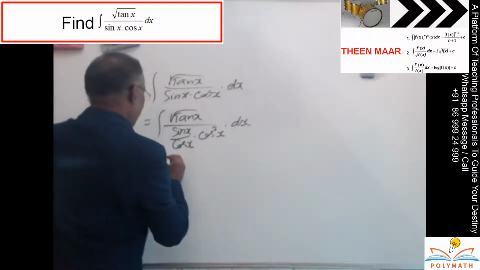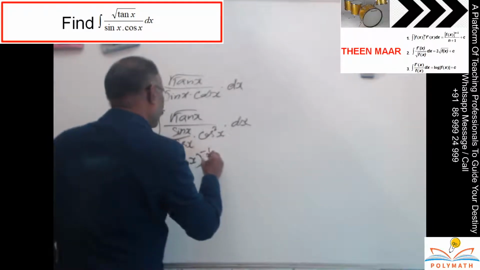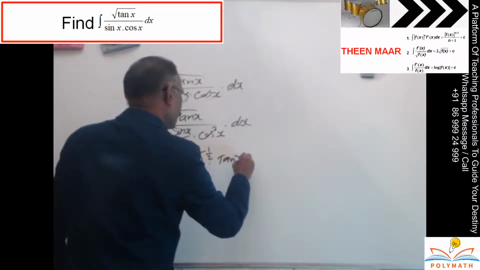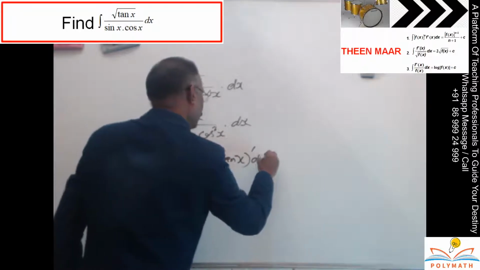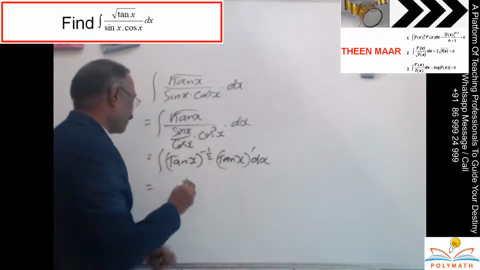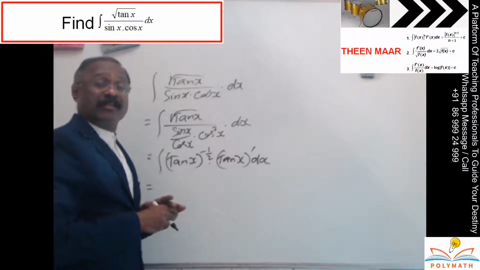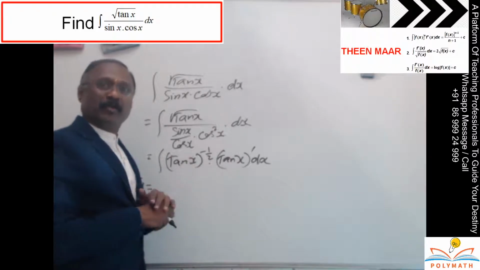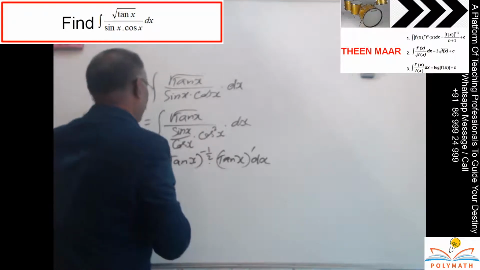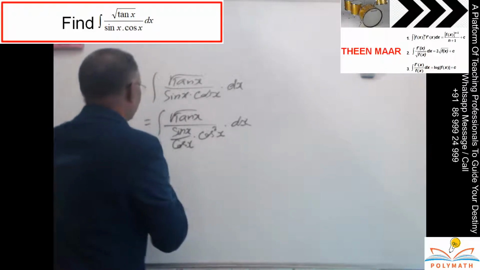So this is the integral of root tan x by tan x, which becomes tan x whole power minus 1 by 2, bring it to the numerator, secant square x. So this is (tan x) dash dx, which is nothing but tin mar 1, f(x) power n into f dash x. Or you can see this also as f dash x by root f(x), tin mar 2. Let me write it like that so that you will understand how it will be used.